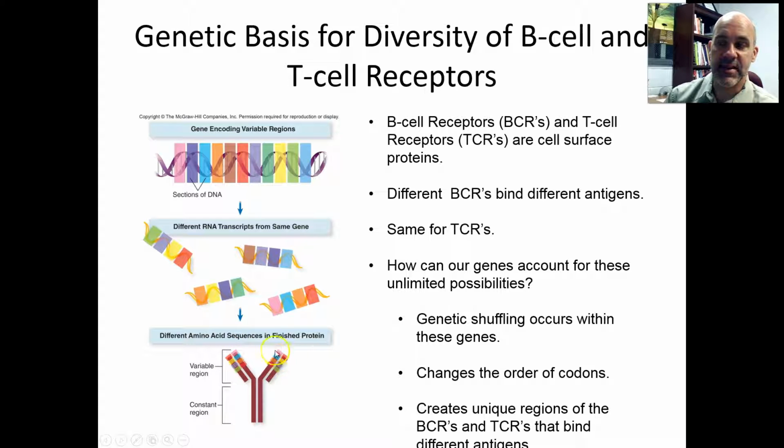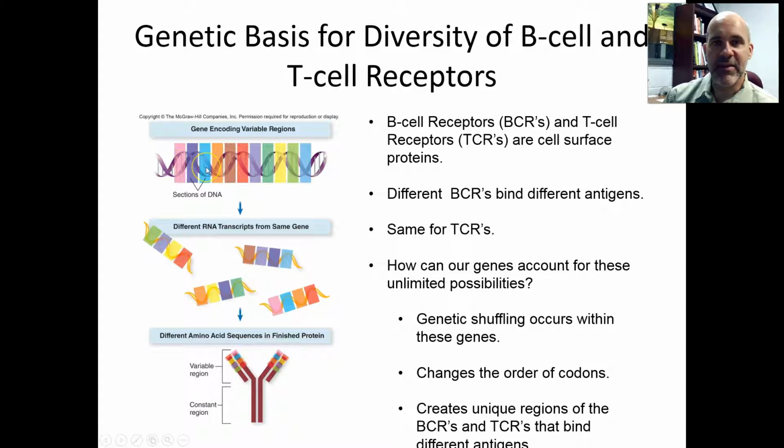Remember I said it's the tips of the receptor that actually attach to an antigen, like those two tips might attach to some molecule on the surface of influenza virus, for example. So the little colored portions there, imagine that up here, these are the genes on the DNA that code for the amino acids that are located here in the variable portions of the receptor.